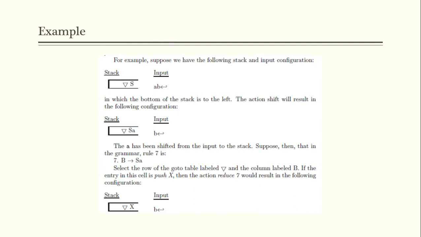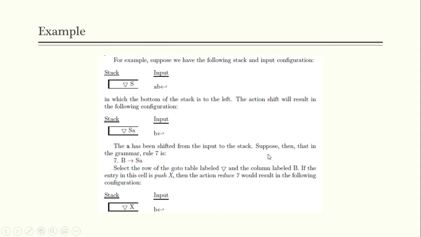Reduce is when the right hand side of your grammar is the same as the one in the stack, which means this SA can be reduced to some non-terminal. What you replace it with depends on the information in the goto table. The A has been shifted from the input to the stack.